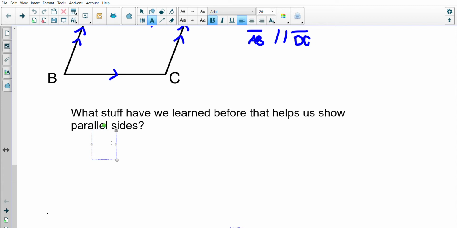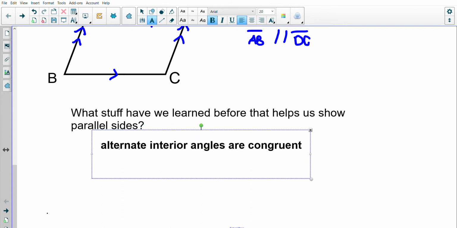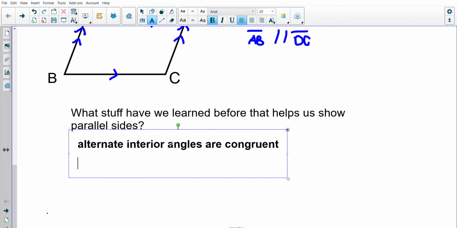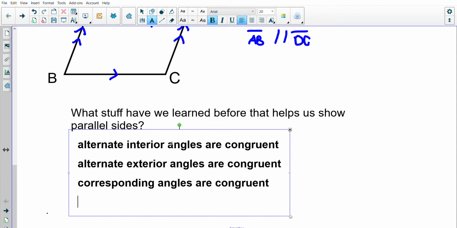Well, we know that if alternate interior angles are congruent, and obviously we would do some different markings for that, or if the alternate exterior angles are congruent, then we can conclude that lines are parallel. Another way: if the corresponding angles are congruent, then we can show that lines are parallel.